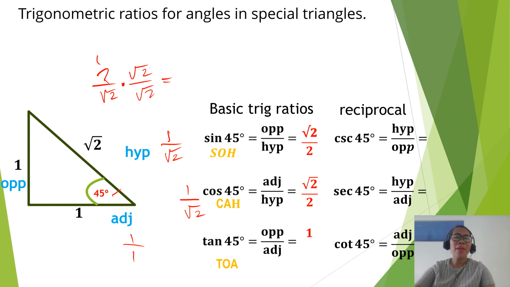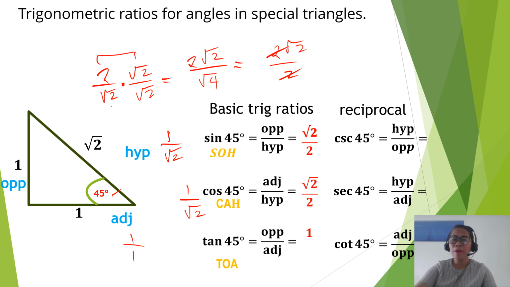Multiply both numerator and denominator to simplify it further. Square root of 2 times square root of 2 is the square root of 4, and then 2 square root of 2, what is the square root of 4? 2. That is why the 2 and 2 will be cancelled. Therefore, the answer for cosecant 45 is the square root of 2.